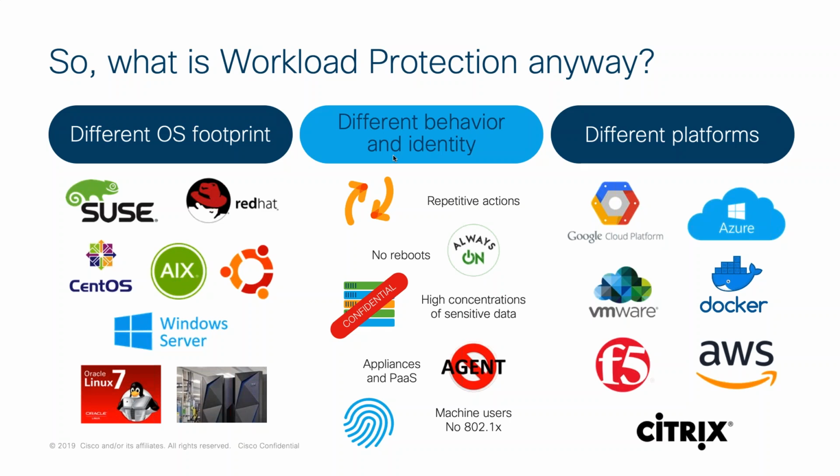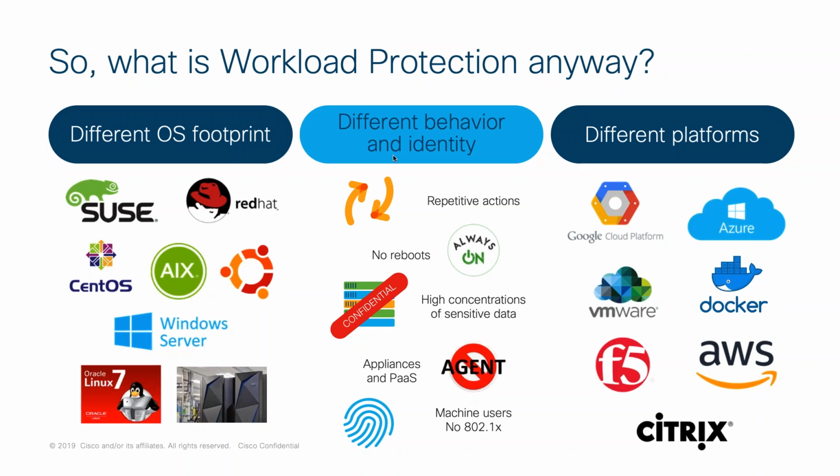The different OS footprint that workloads bring means that we need to support a broader characterization of things. The fact that we've got containers and multiple different clouds, again, new opportunities from a security perspective. And different behavior and identity means there are different prioritizations in the way that we build a workload security solution. So the opportunity here is that workloads behave differently than end users.